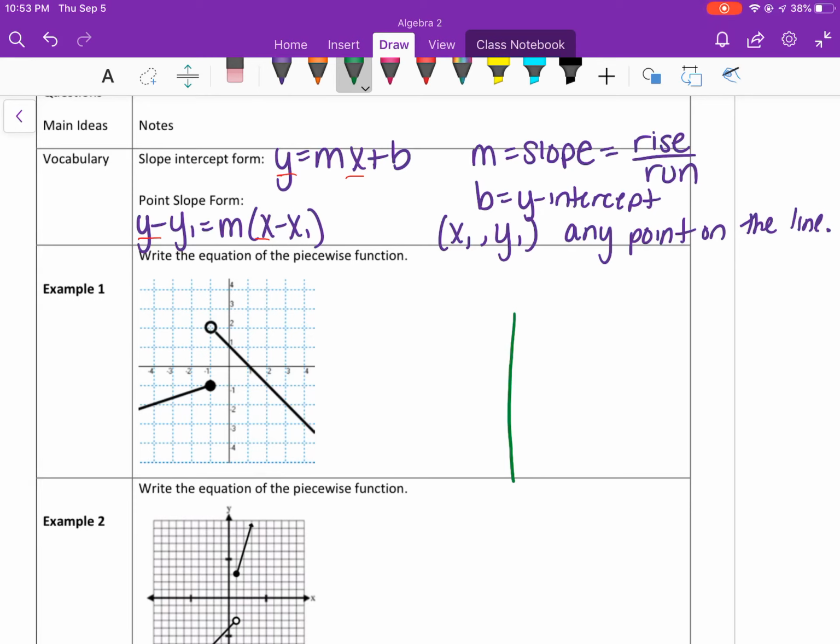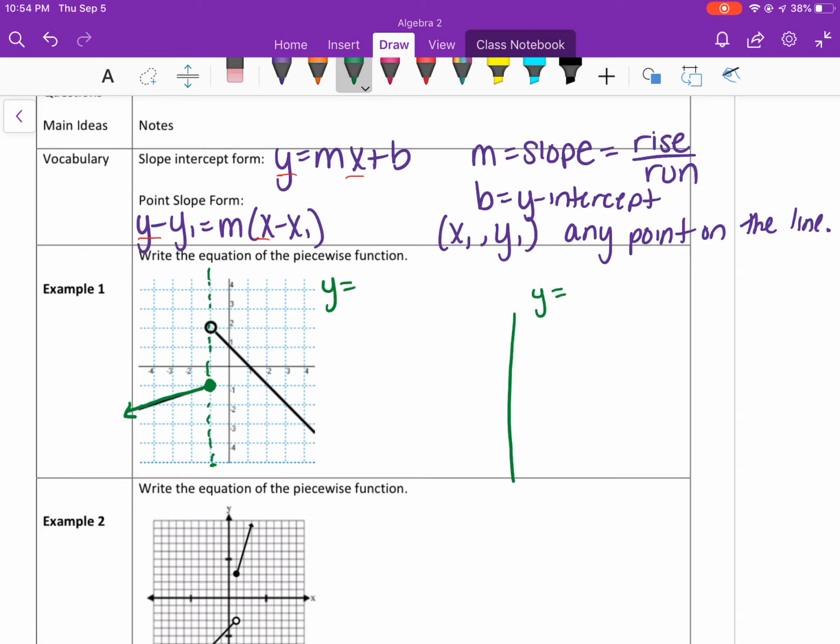So if I look at this graph, I can see right here, this is where my lines go different directions. So I have a domain split at -1. So I'm going to have to come up with an equation for y equals for this left and the right. And for the left side here, this line is a closed circle there, and it's going to the left.